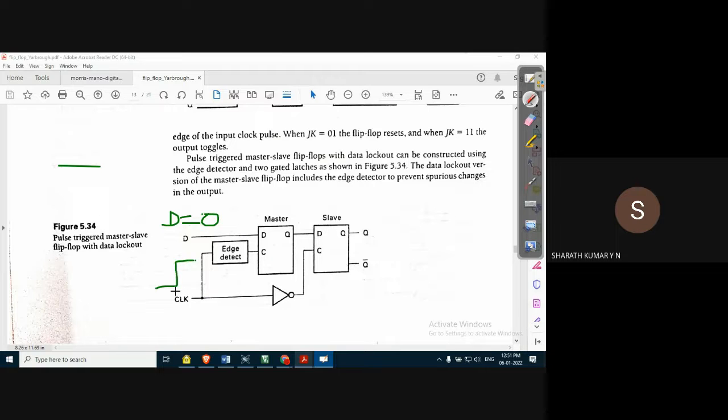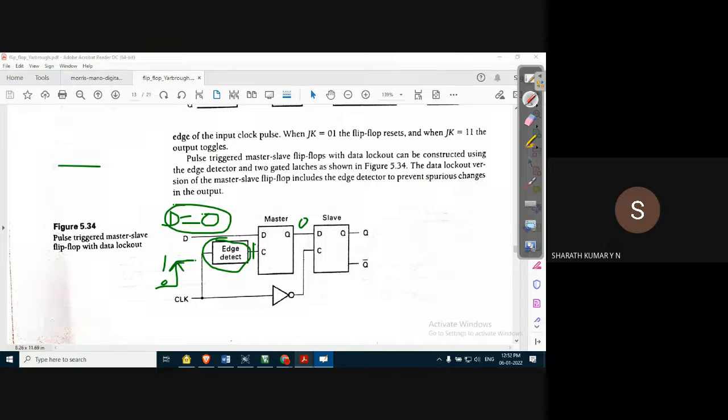When the clock pulse goes from 0 to high, this edge detect circuit will apply this clock pulse to the master flip flop. For example, it is going from 0 to 1, so this clock pulse becomes 1. Okay, and the output of the master becomes 0. Why? Because input is 0, output is also 0.